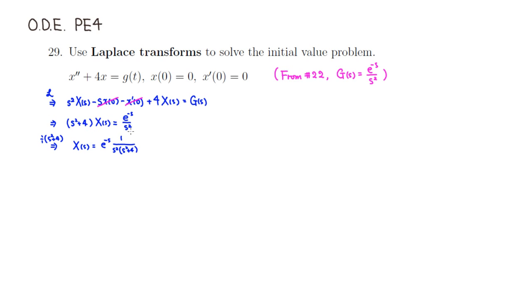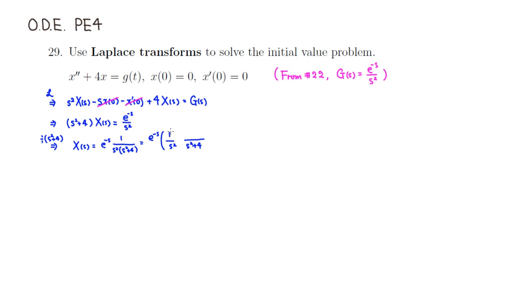Then I'm going to apply partial fractions. So you have e to the negative s. This one is simple enough that we can actually guess it. We're going to have s squared on the bottom here, and s squared plus 4.